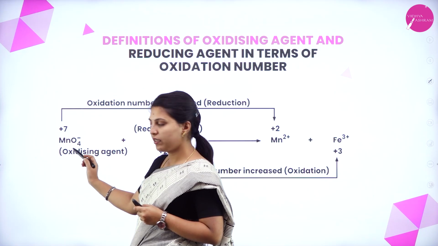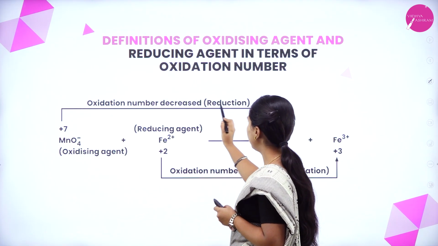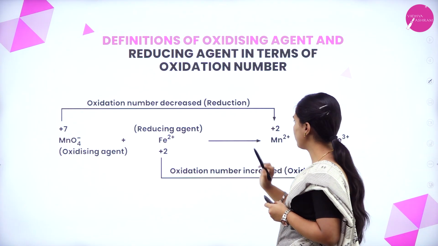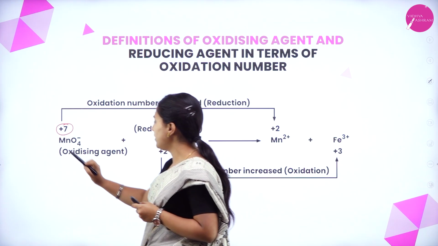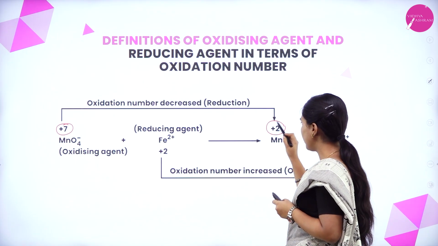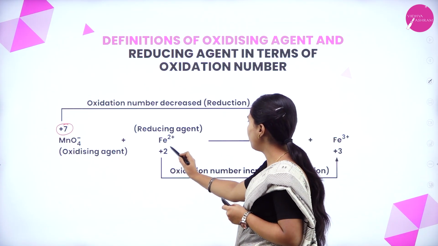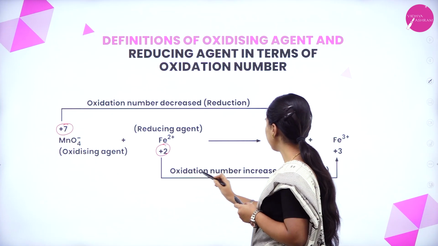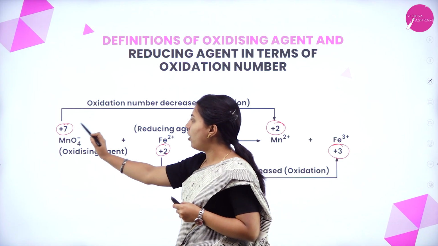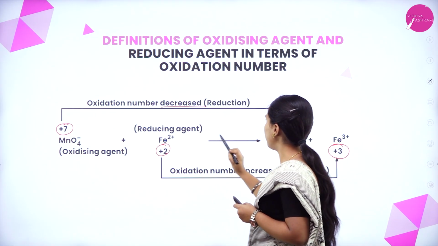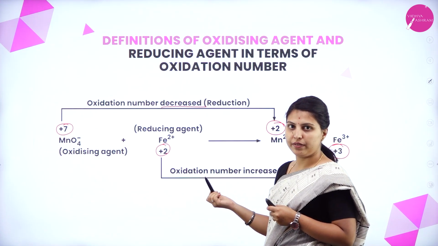MnO4 minus is an oxidizing agent. Oxidation number decreases means reduction is going to happen. In Mn2 plus, you have to observe that plus 7 decreases to plus 2. If a reducing agent is added, such as Fe2 plus, the plus 2 oxidation number increases to plus 3. Once again, oxidation number decreased means reduction, oxidation number increased means oxidation.